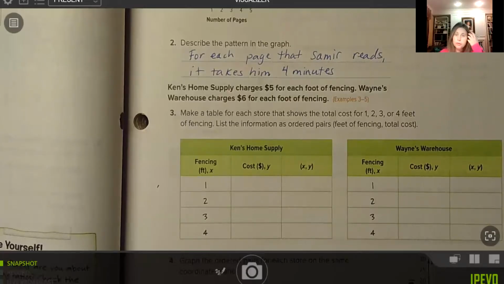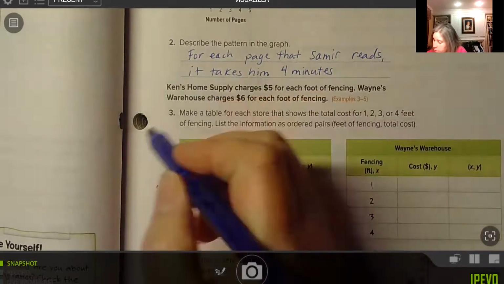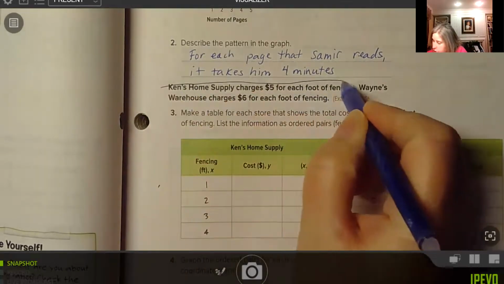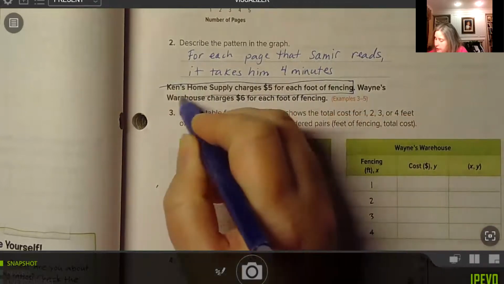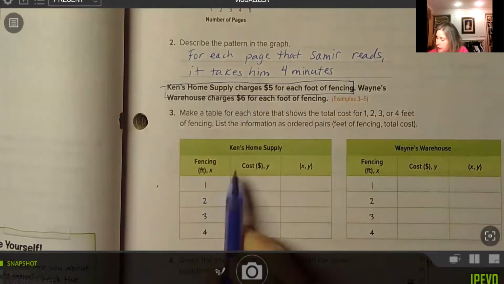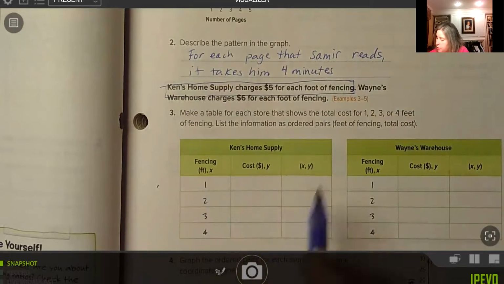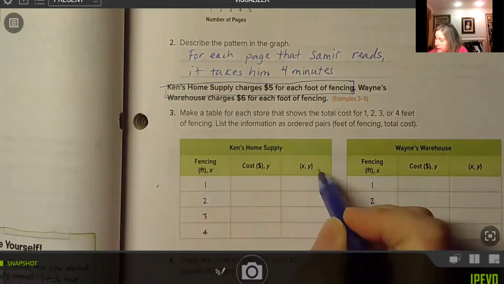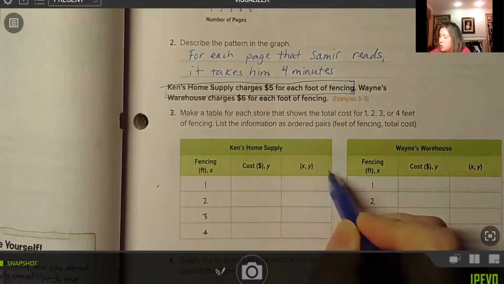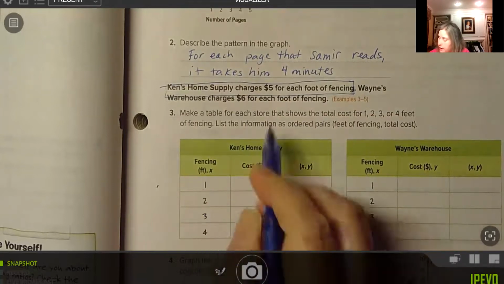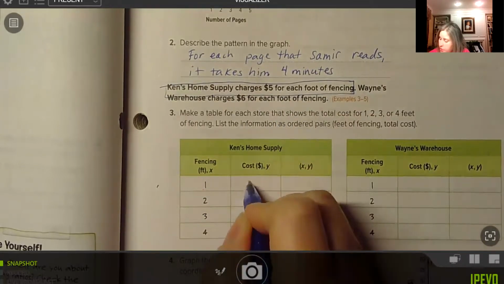So we have 2 different home supply companies. We have Ken's and we also have Wayne's. So Ken's home supply is charging $5 per foot of fencing. So for Ken, if we want to write our cost as ordered pairs, remember X is our feet of fencing and Y is the cost. So 1 foot of fencing at $5 per foot will be $5.